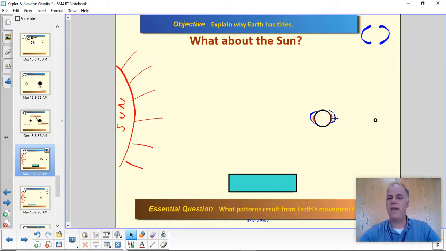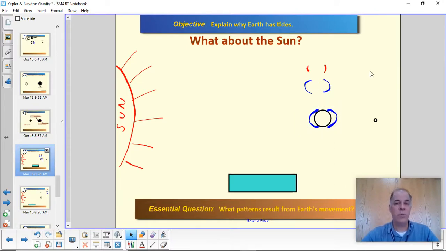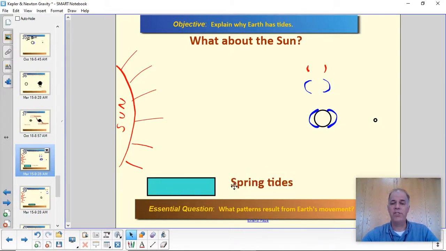And the result is that the moon tides pile up on top of the sun tides. And the result is rather extreme tides. It's the highest high tides that we get because we have the moon tides added to the sun's tides. And we call these the spring tides.